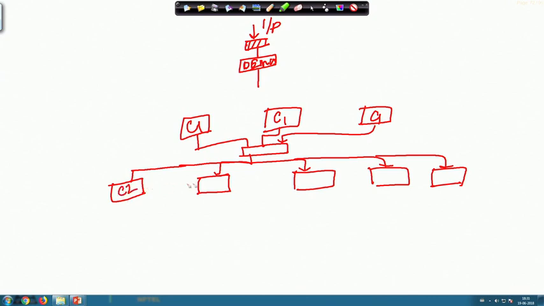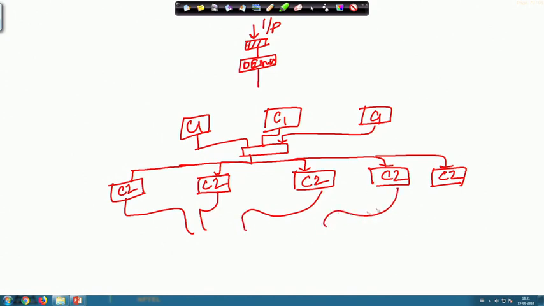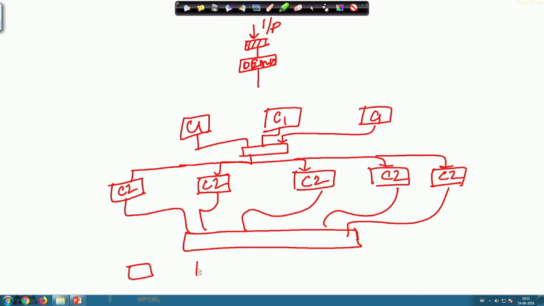And this is C2, this is C2, all are C2. Then again this will be connected to one block, which is connected to the corresponding C3, C3, C3, C3, and this will be connected to this.